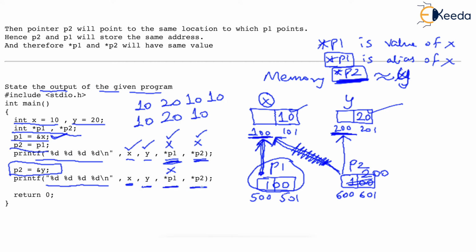And then we are finally printing *P2. Be careful, *P2 means value to which P2 points. And value to which P2 points was x some time back, but now *P2 means y. So this last value printed will be the value of y, which is 20, and there ends our program. So this is the output of the code.